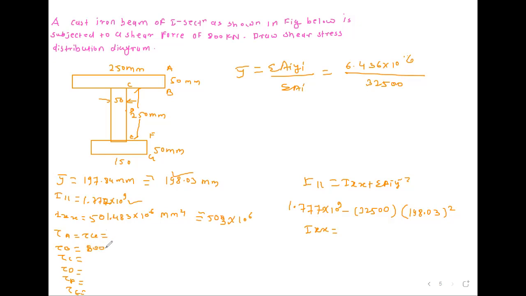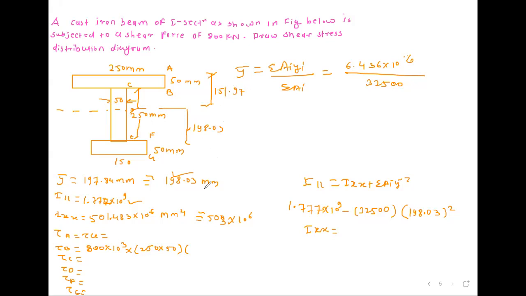So 800 into 10 raised to 3, please concentrate here. Tau b is equal to 800 into 10 raised to 3, after that area is 250 into 50, after that y bar. The depth of neutral axis from bottom is 198.03 and from top is 151.97.